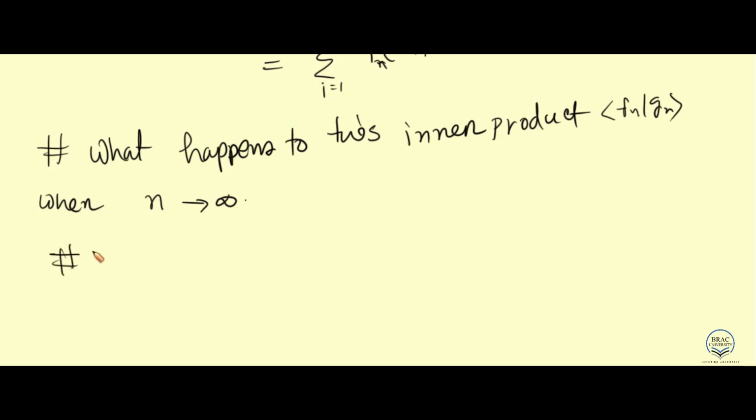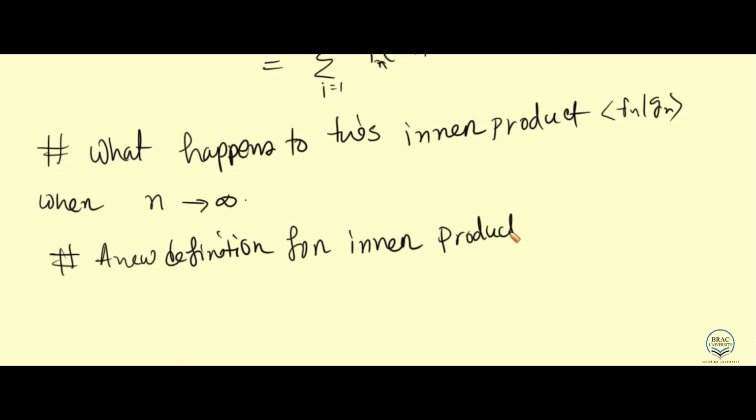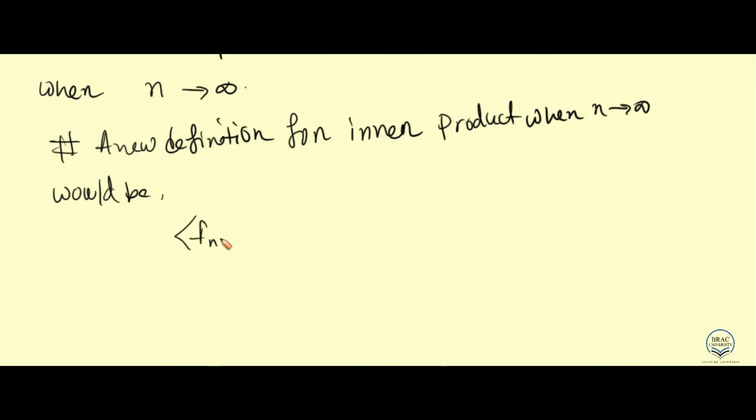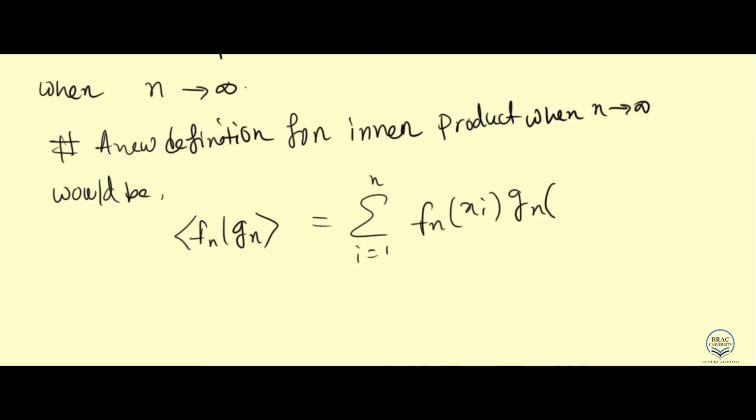So let me write a new definition for the inner product when n goes to infinity. It would be f of n, g of n. We keep in the back of our head that this n is going to infinity, and this will be replaced with the sum from i equals 1 to n of f of n at xi, g of n at xi.